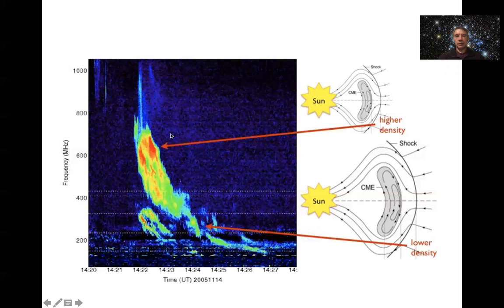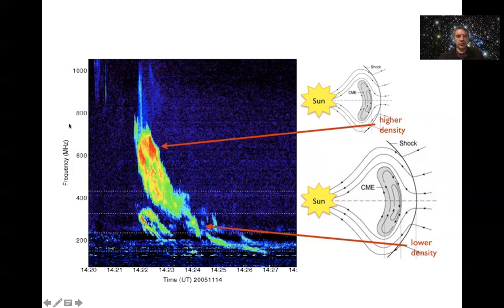This is a different type of flare, but it's the same idea. This is one of these coronal mass ejections in the schematic here. It's expanding over time, and so the emission is coming from the accelerated particles in the shock front here. This is the geometry, but as it expands, the density is getting lower, and that causes the frequency of the emission to drop.